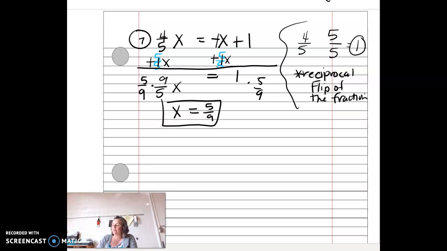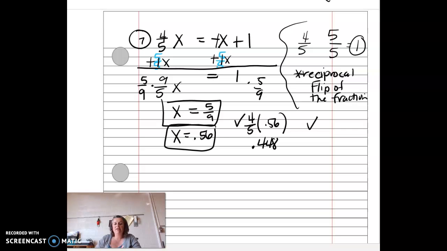All right, and again, if you want to check out 5/9, I think that's 0.5 repeating, so we'll round that to 0.56. And again, because we rounded, our checks are not going to come out exactly perfect. But if we did 4/5 times 0.56, 4/5 is 4 divided by 5 in your calculator times 0.56 gives you 0.448.